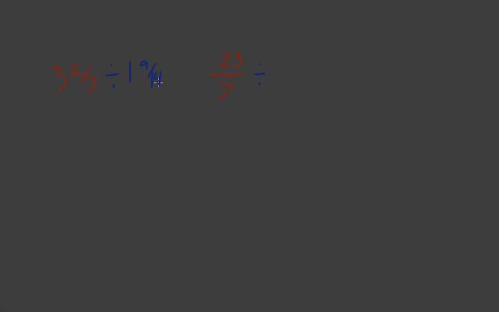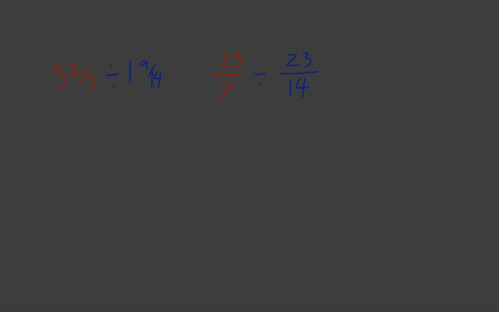this improper fraction. So let's make it improper. 14 times 1 is 14, plus 9 is 23. Alright, 23/14. Now, we need to change this to its reciprocal and then multiply it.